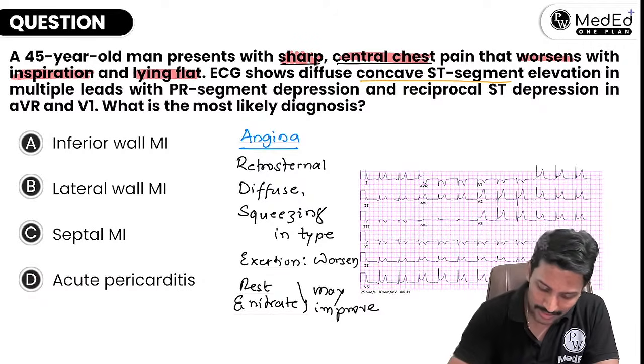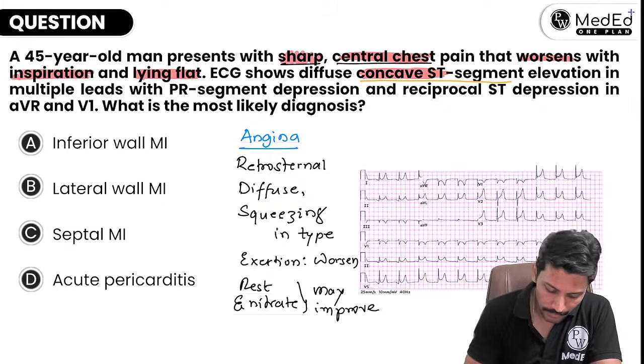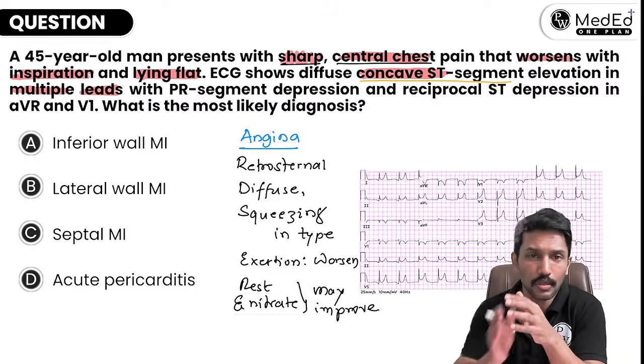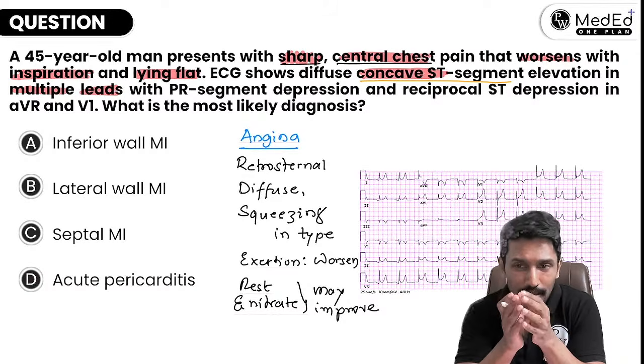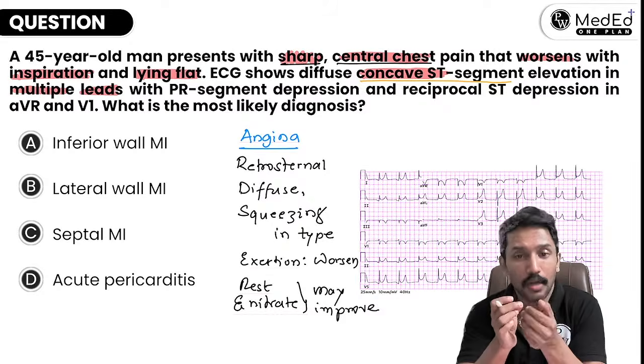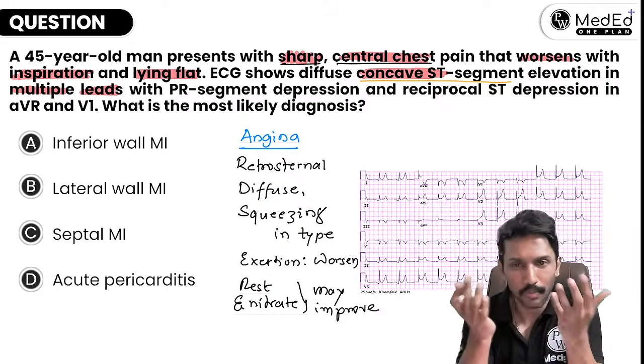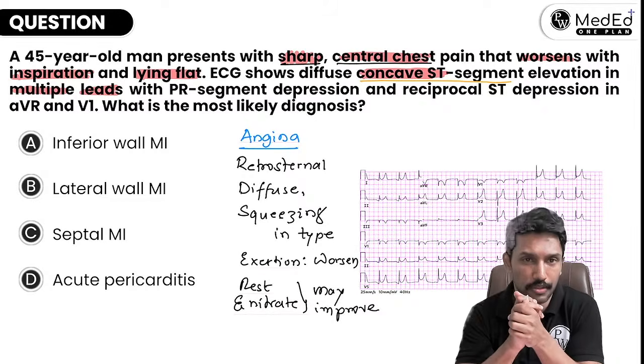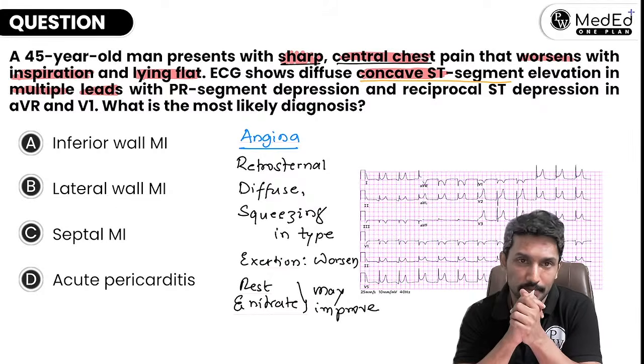So that is again going against the diagnosis of MI. And it is affecting multiple leads. So when MI occurs, you will see ST elevation in only the leads representing the wall of the heart which is going through infarction, not multiple leads. So if I have lateral wall MI, only lateral leads will show ST elevation. You will not see ST elevation in more than lateral leads.